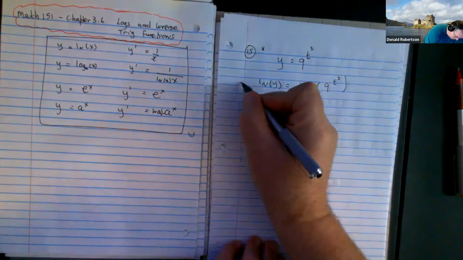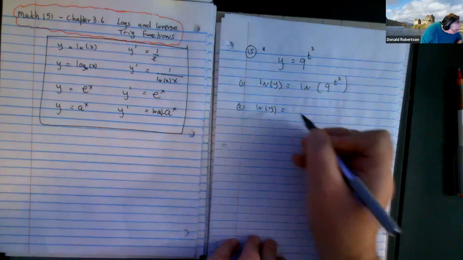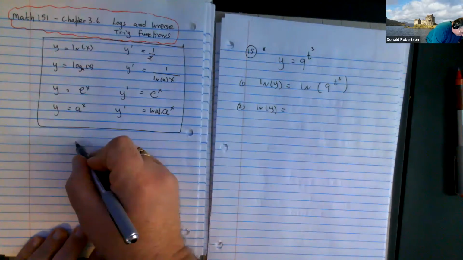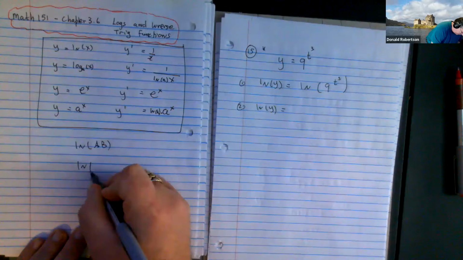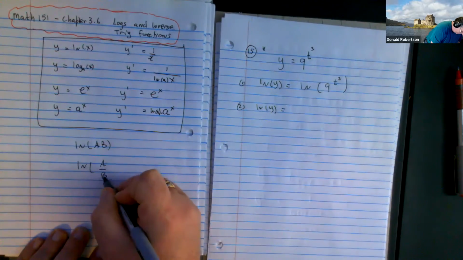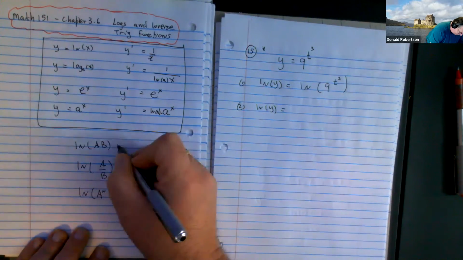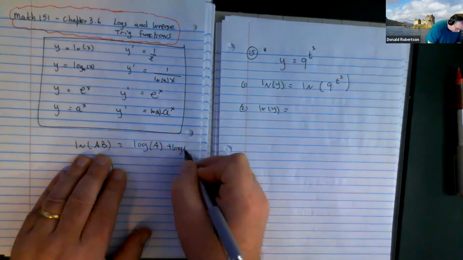Step 2 is, well, I don't have my laws of logs handy, did I? Did I keep them? I probably threw them away, didn't I? Okay, to remind you the rules of logs, really 3 of them. This one says that you can take 2 things that are multiplied and separate them as 2 logs being added.